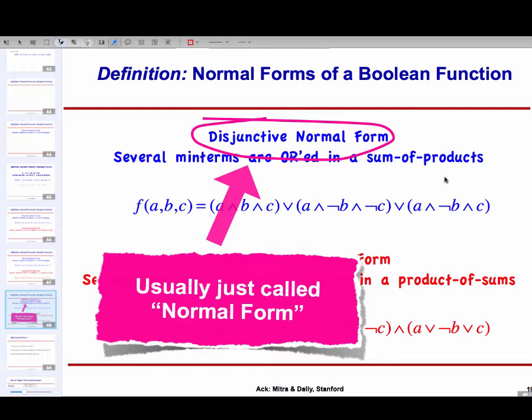There's nothing deeply fundamental about it. A lot of things in engineering practice happen because of some weird technological oddity. So if I just call something normal form, it's really referring to the disjunctive normal form, or specifically to sum of products.